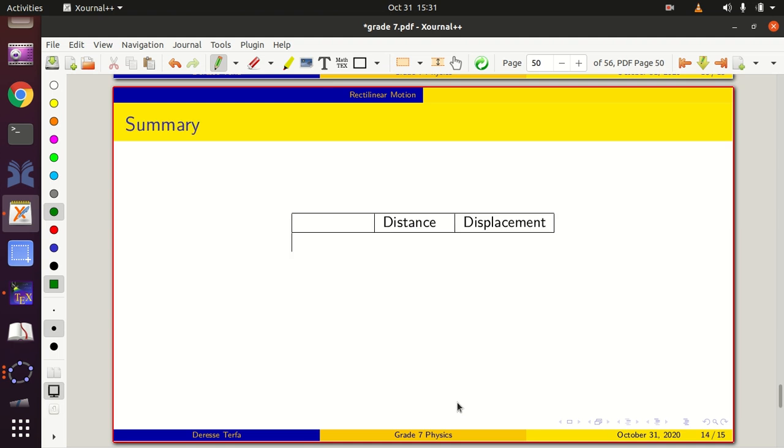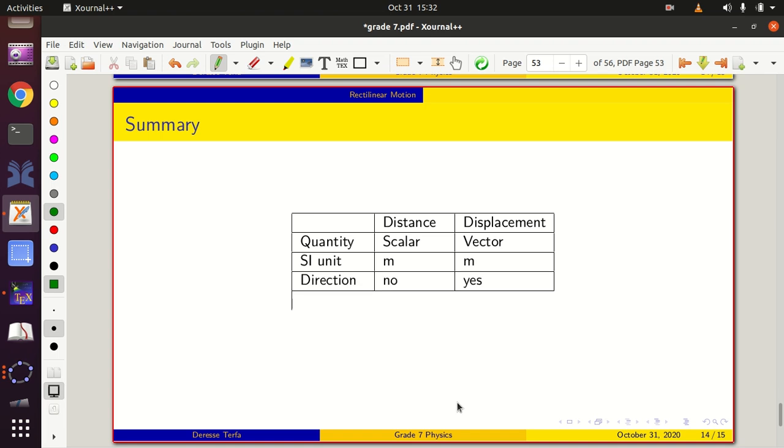Okay, let us summarize. What is the relation between distance and displacement? Distance is a scalar quantity and displacement is a vector quantity. The SI unit of distance and displacement are identical, which is meter. Distance has no direction, whereas displacement has direction.